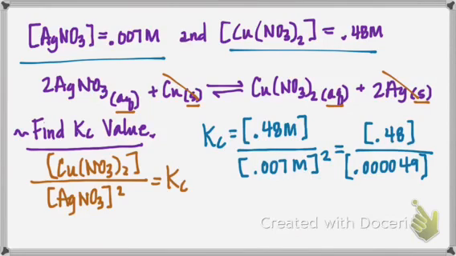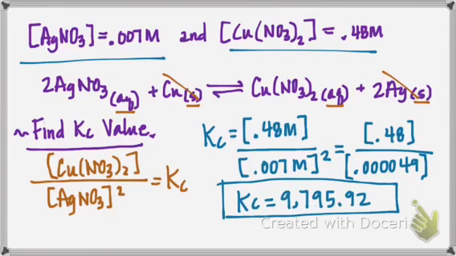And once I've done that, my Kc value is going to be 9,790, not 59, but 95. Let me see here. 9795.92. And there is no unit there.